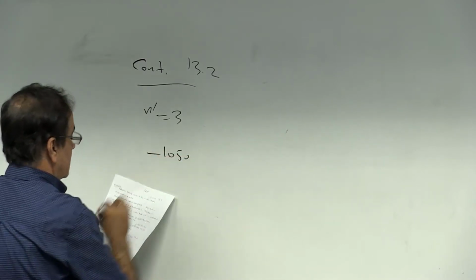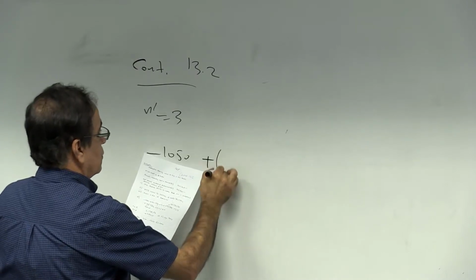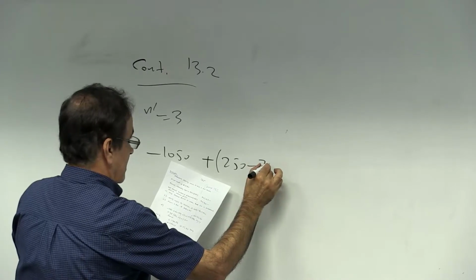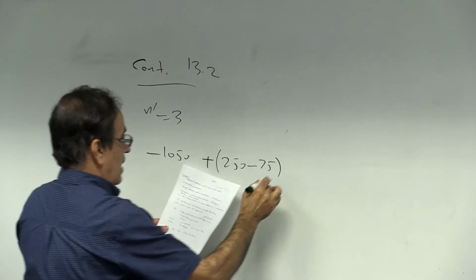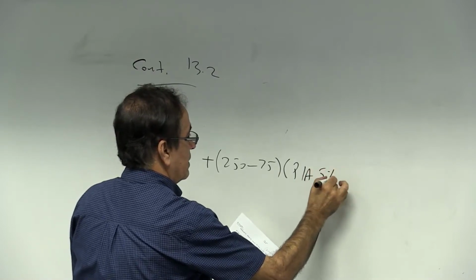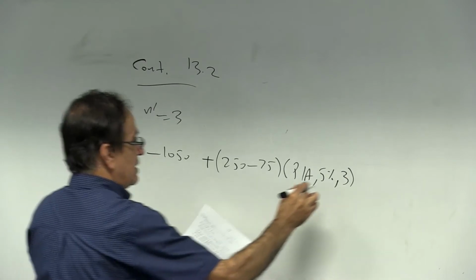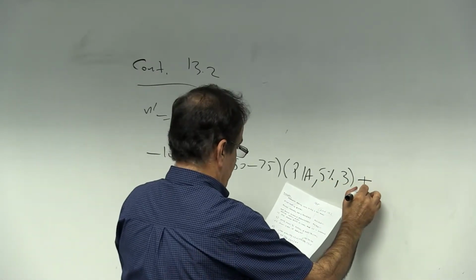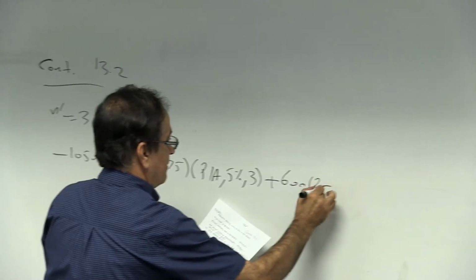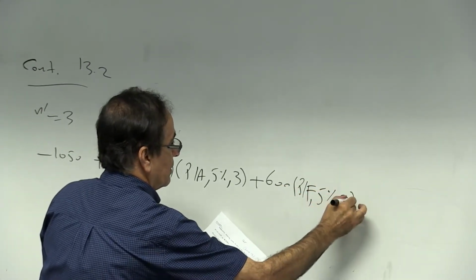1050, that's the first cost, plus 250 minus 75 times P given A, 5% and 3 periods, plus the salvage value 600 P given F, 5% and 3 periods.